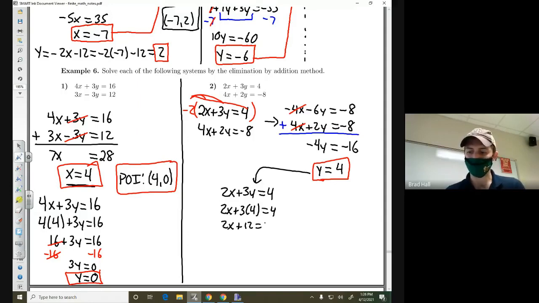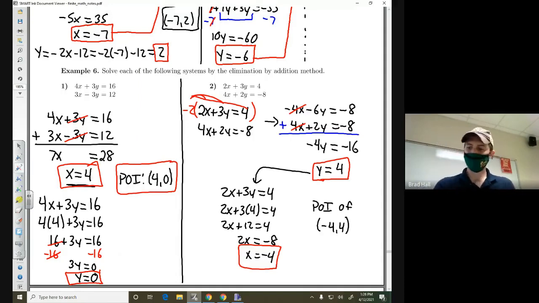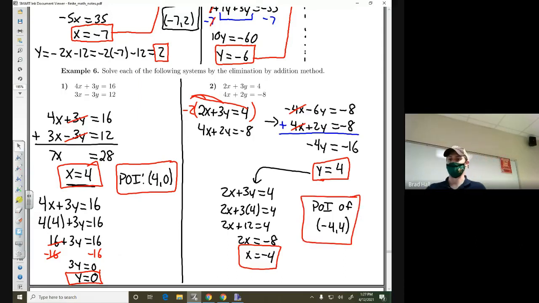Plus 12 is equal to 4. 2x is equal to -8. x is -4. So altogether, we get a point of intersection of (-4, 4). And that would solve this system of linear equations.